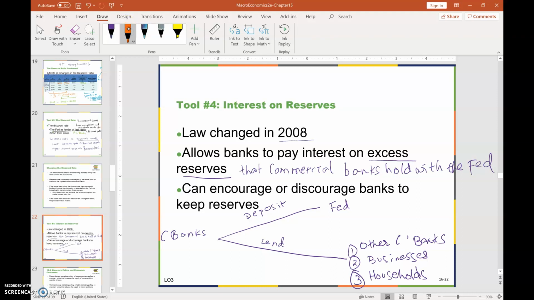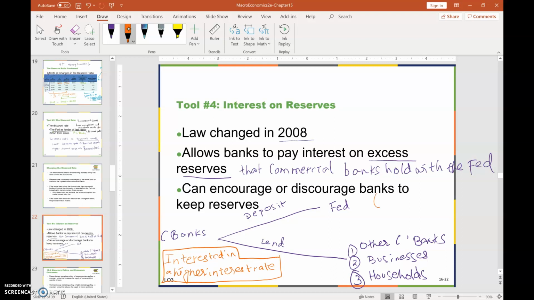So over here, the commercial banks are interested in a higher interest rate because they are getting paid here and they are not paying the money.